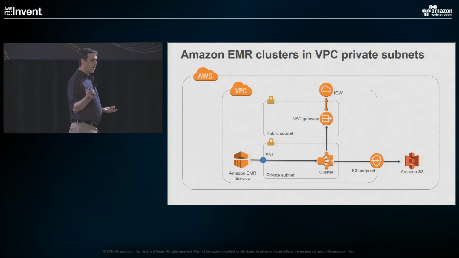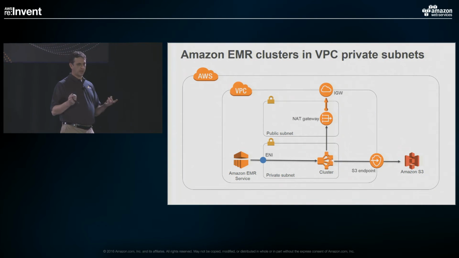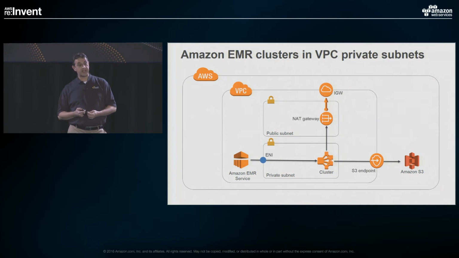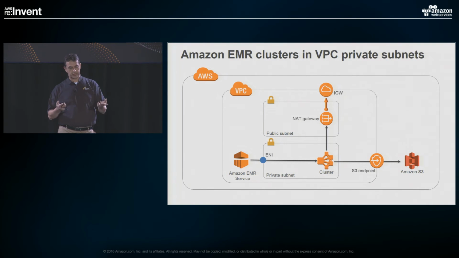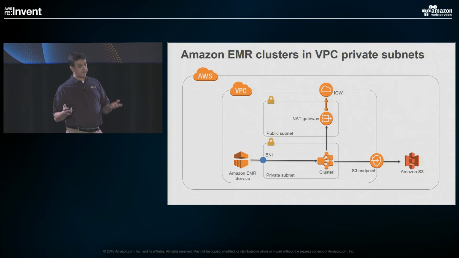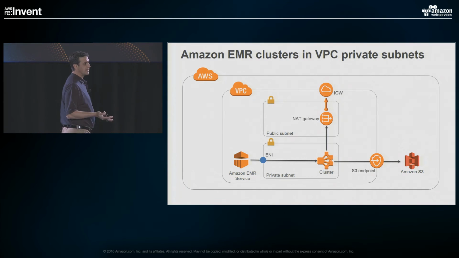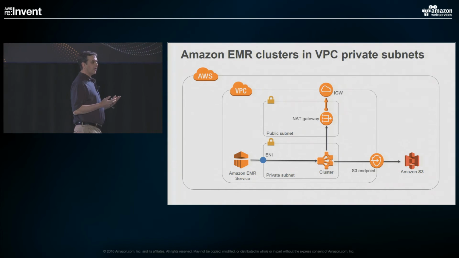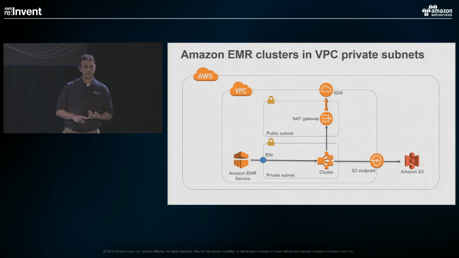And with that conduit in place, we can leverage S3 endpoints to access S3 objects and resources through that endpoint without having to define an internet gateway. Now, there are features with EMR, such as EMRFS, which is the EMR file system. That requires access to both S3 and DynamoDB.